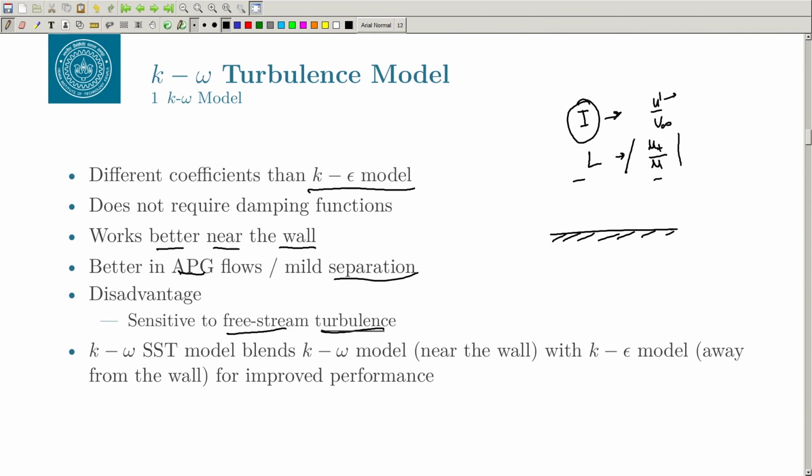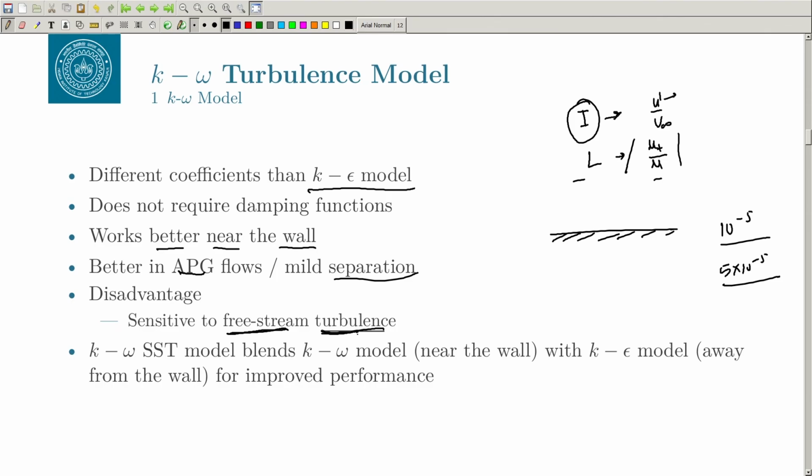The problem with this particular model is that, let us say you do a simulation with a free stream turbulence intensity of around 10 power minus 5 and get certain results. Now you change it to something like 5 into 10 power minus 5, and there will be a drastic change in your results, in terms of prediction of separation, the skin friction and other things. So this model was found to be very sensitive to the free stream turbulence.